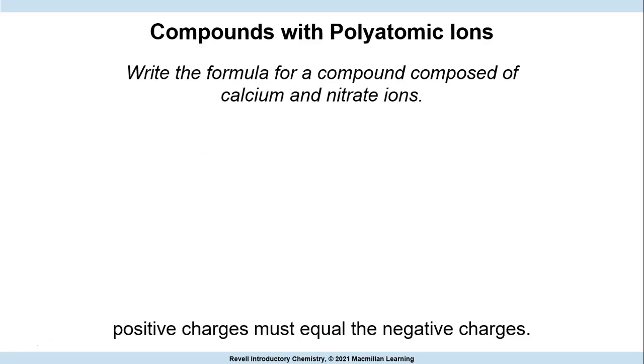Now let's look at another example, the compounds with polyatomic ions. So write the formula for a compound composed of calcium and nitrate ions. First thing, you must know the group of the calcium, and you must remember the formula of the polyatomic ion, the nitrate. So let's see.